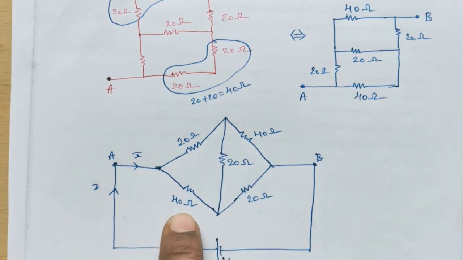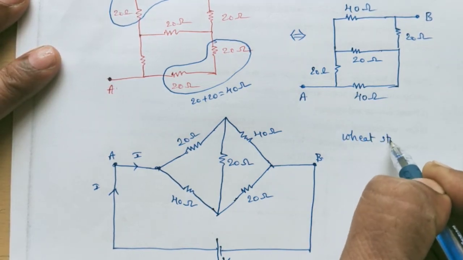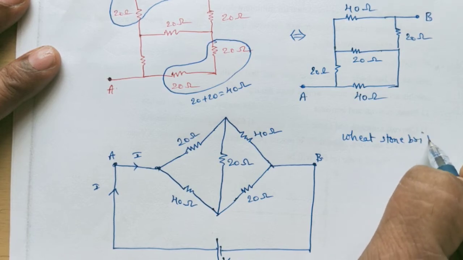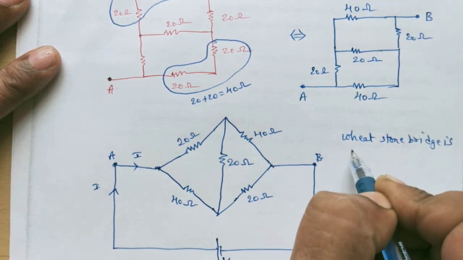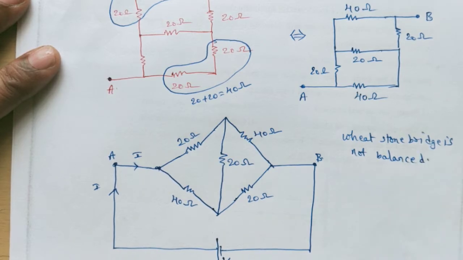But R by S is equal to 40 by 20, which is 2. In this condition, the bridge is not balanced. The Wheatstone bridge is not balanced. This is the thing.